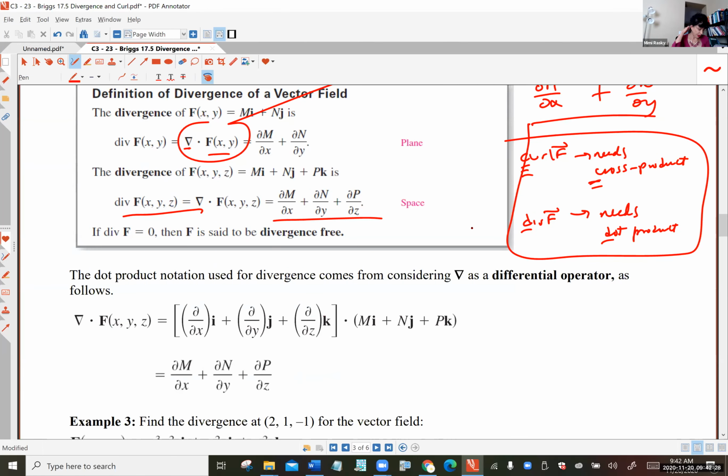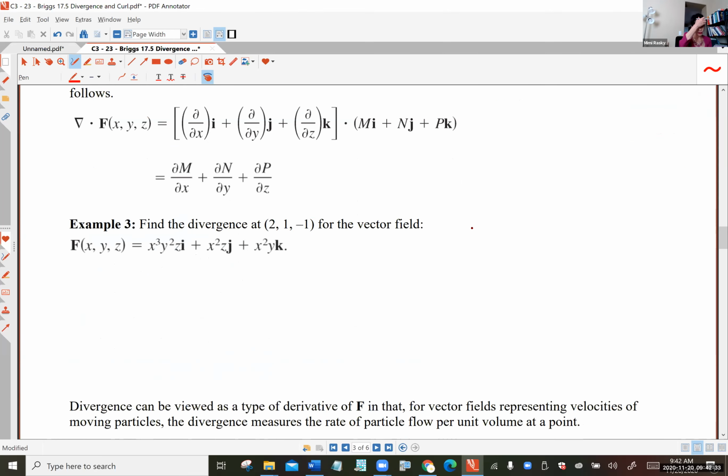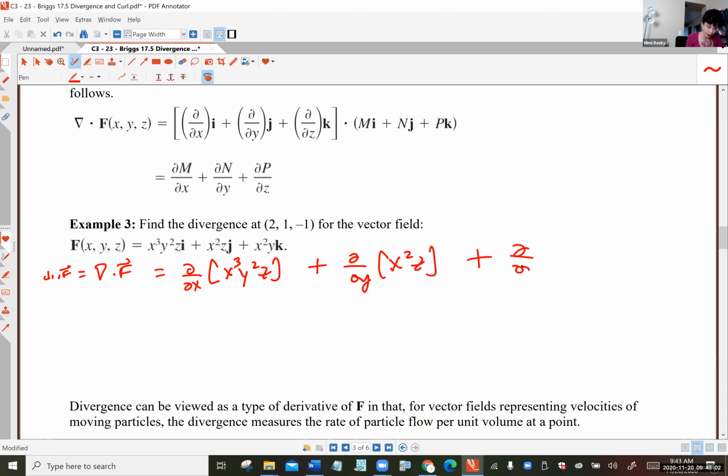So the dot product notation we just discussed. So let's get some divergence here. The divergence of this vector field here, and then we'll evaluate it at a point. So the divergence of F, which is denoted like this with this differential operator, is simply going to be the partial with respect to x of the first component plus the partial with respect to y of the second component plus the partial with respect to z of the last component, and add them all together.